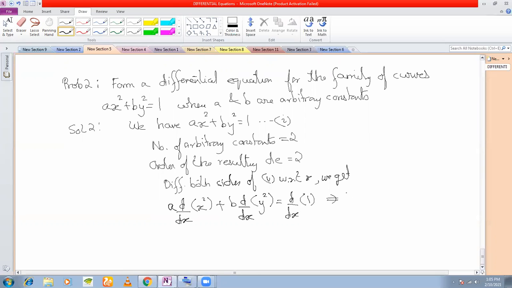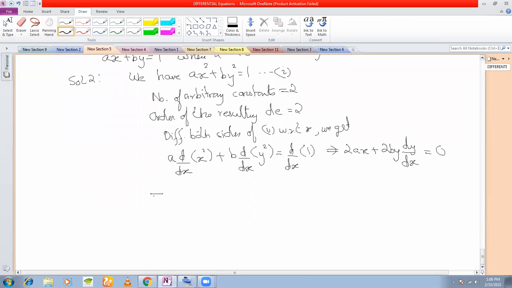So next step you have 2ax. And how do you differentiate y square? Since y is the dependent variable, so 2by dy/dx, right? Is equal to 0. So therefore, what is the value of dy/dx you are getting? That means you are getting 2by dy/dx is equal to minus 2ax.